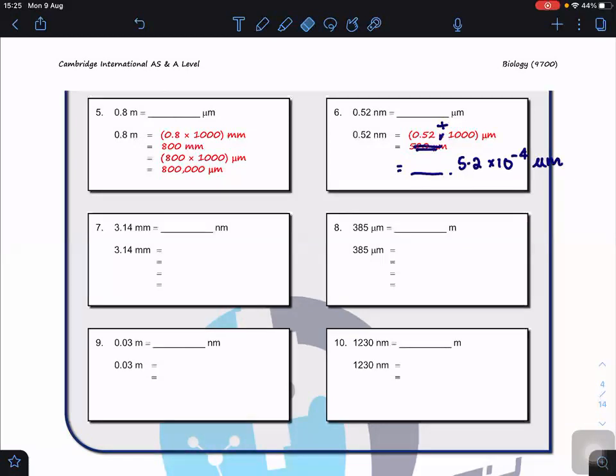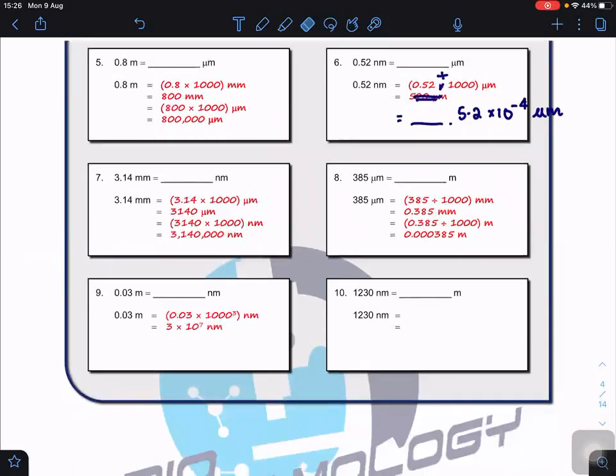Next, millimeter to nanometer, so two times 1000. Micrometer to millimeter, you divide by 1000 one time, and 1000 the second time. Now this one, meter to nanometer three times, or nanometer to meter divide three times.